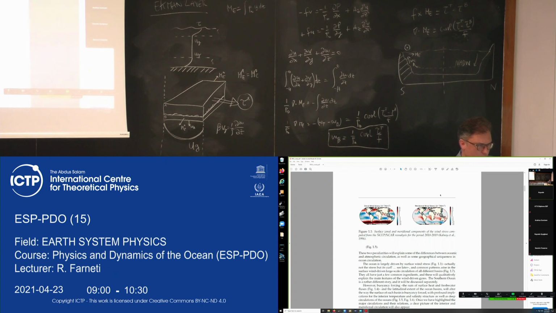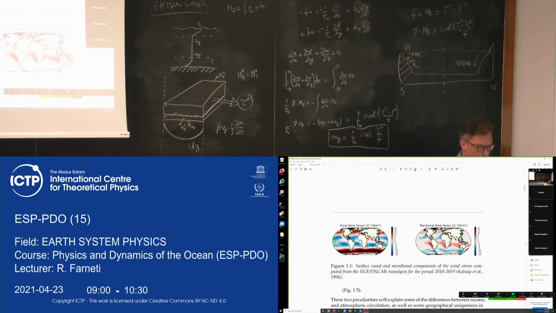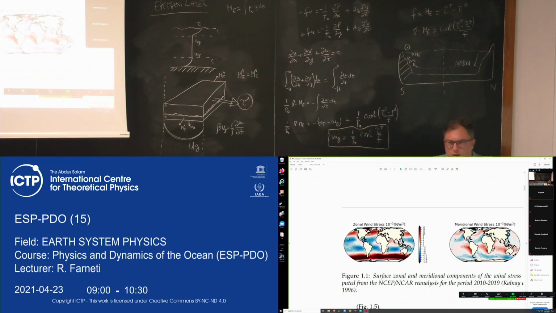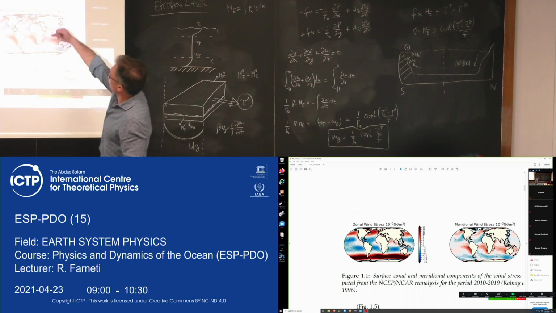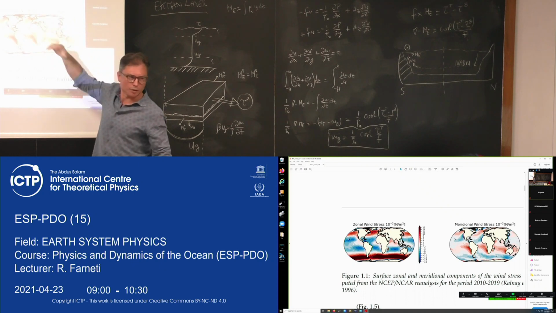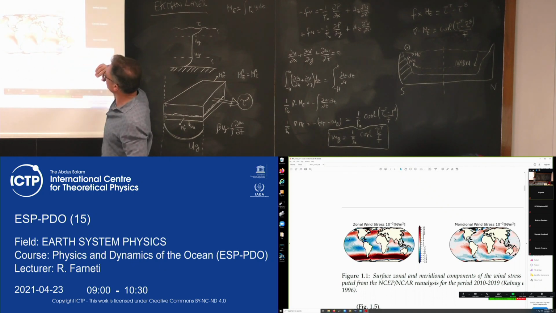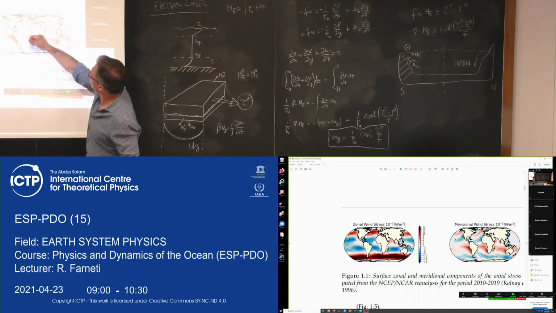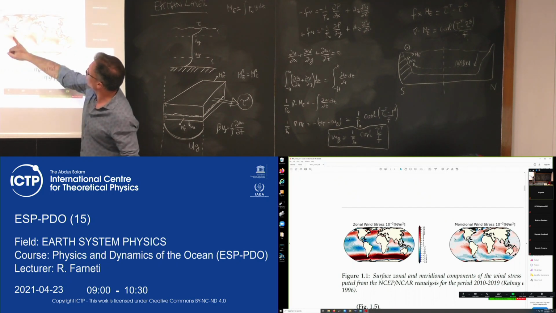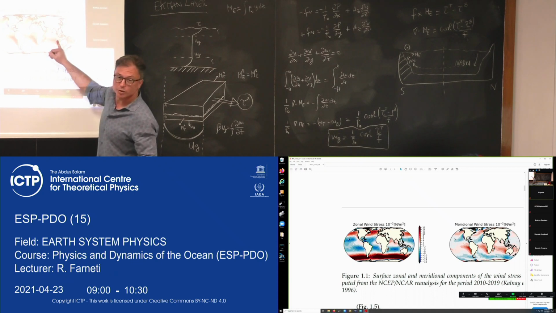Okay, look at the meridional wind stress. This is the climatological meridional wind stress from satellite. Here is negative, here is positive, here is negative, and here is positive, and here is also positive.